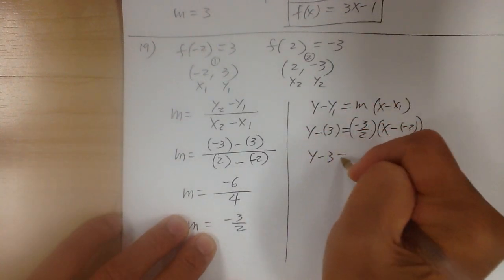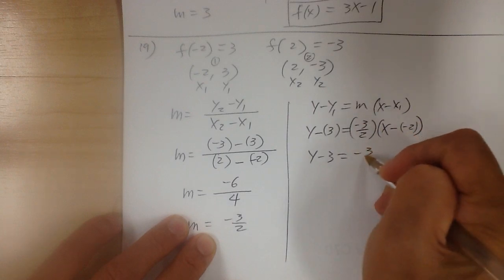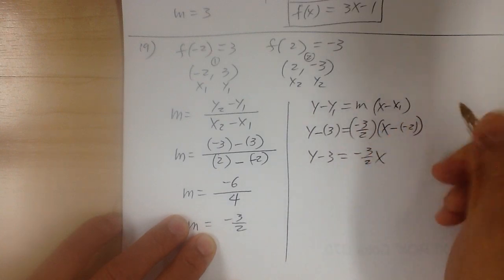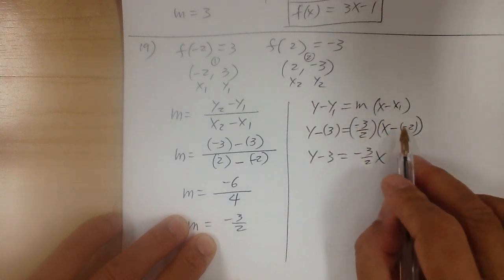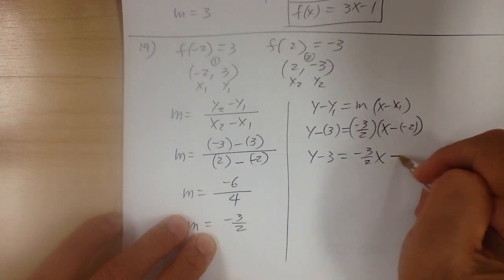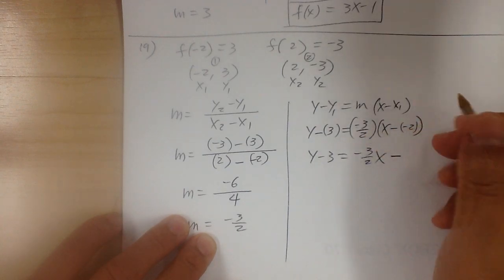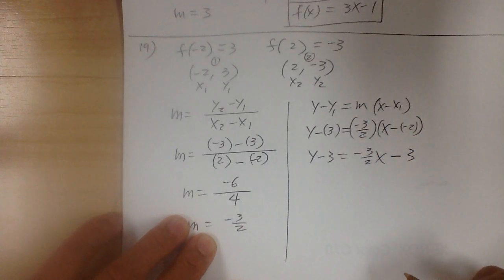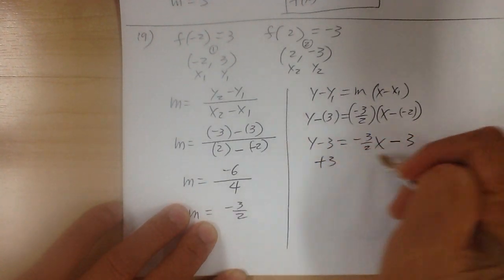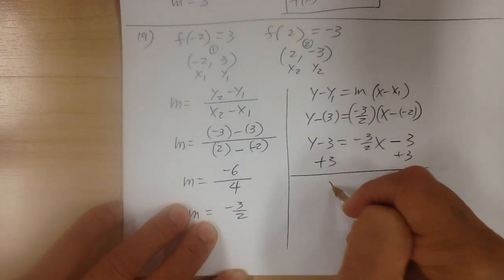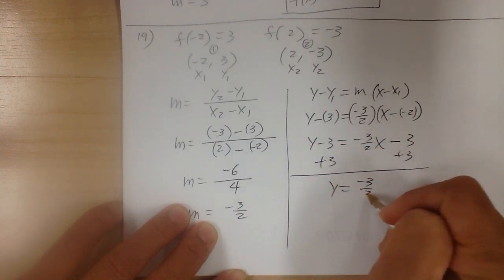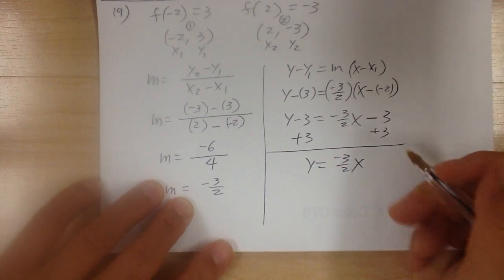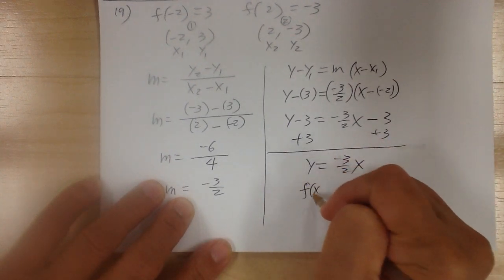So y minus 3 equal to, you distribute, so you get negative 3 over 2x. Distribute, now notice there's a 1, 2, 3 negative, so the result will be negative. And this times that will give you 6 over 2, which equals 3. And after that, plus 3 on both sides. So you got y equal to negative 3 over 2x. Okay, switch over to the function notation.